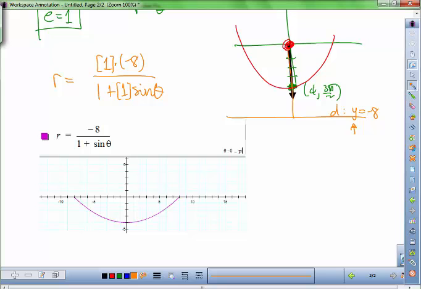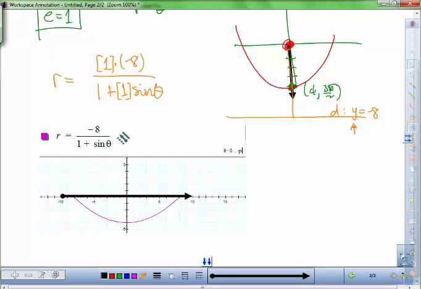When theta is equal to 0, I'm pointing in this direction, right? And when theta is equal to 0, sine of 0 is 0. So I get -8, minus 8. So I'm actually starting over here when theta is equal to 0. Does that make sense?